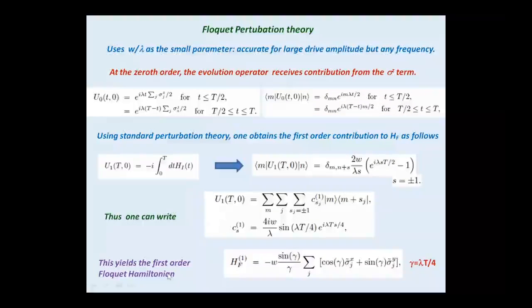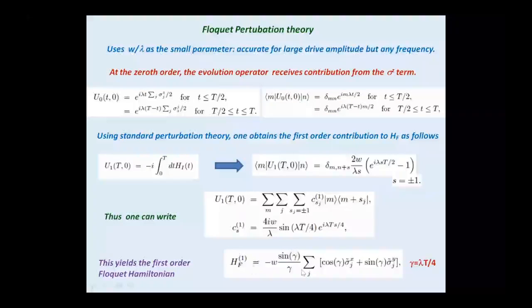Once you do that, your first order term gives you a PXP kind of result, which tells you that the coefficient of this PXP is just sine gamma by gamma, where gamma is lambda times T, T being the drive period, divided by 4. This point is going to be important in subsequent discussion.